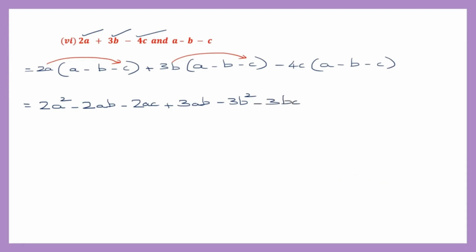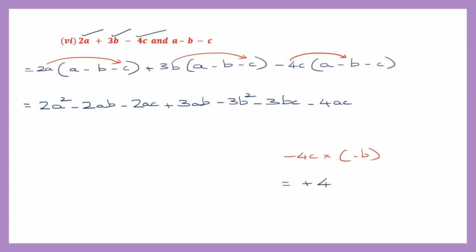Let's go to the next one, minus 4c into a. The sign is minus, the number is 4, c into a is ca or ac. So here we have minus 4ac. Next we have minus 4c into minus b. Multiply the signs. Minus into minus is plus.